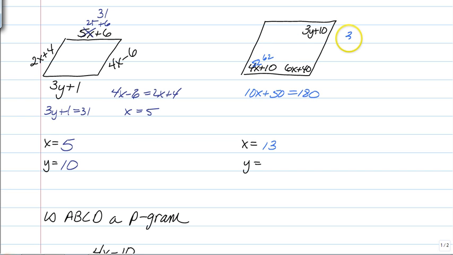So we're going to set 3y plus 10 equal to 62. That's going to give us 3y is equal to 52. And that gives us y is equal to 52 thirds, which I believe is also equal to 17.33. So that's what you should have had for those two.